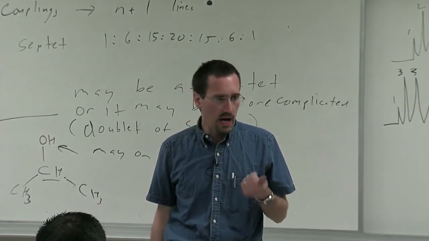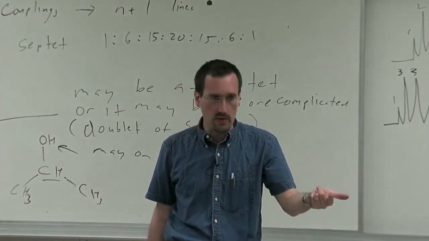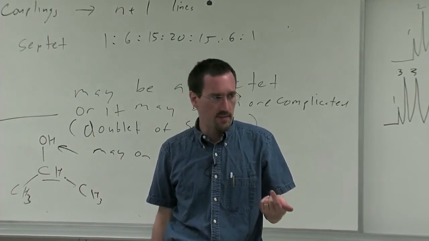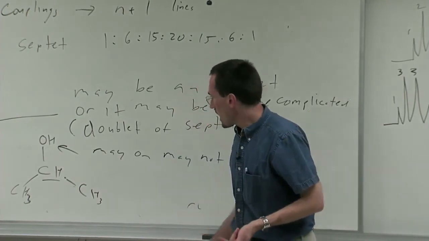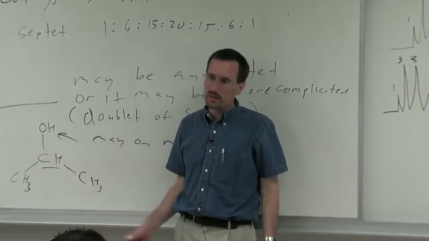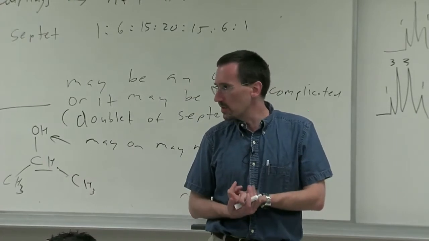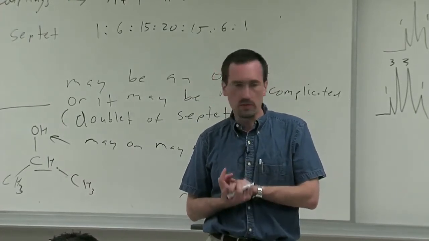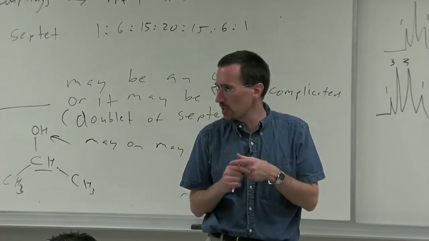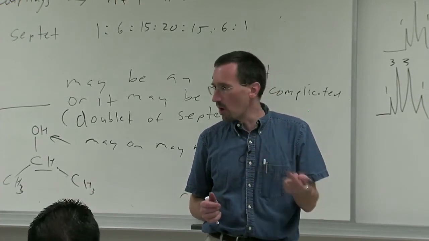So an alcohol at the end of a CH2 chain, like you may have in the homework problem, usually will exchange rapidly. Secondary alcohols sometimes do, sometimes don't. They're more sterically hindered. The rate of exchange is going to depend on a number of factors, including the concentration of the sample, because the molecules can exchange by colliding. It will depend on the amount of water in the sample.